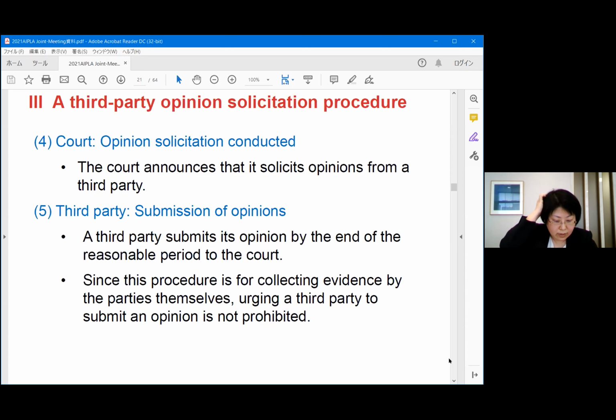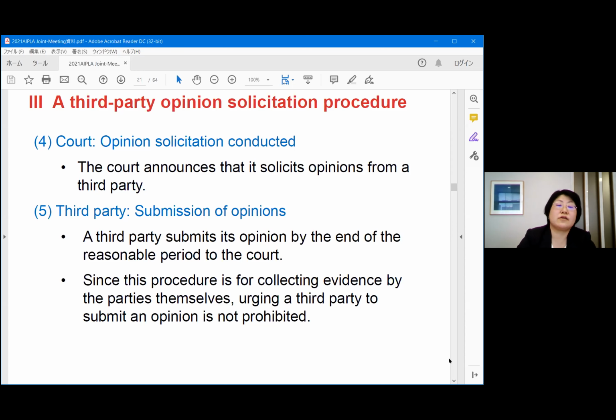And also, when making an announcement, a third party has no idea what this case is about. This is especially true for the first instance case, because the court does not deliver any decision yet. So according to the discussion in subcommittee, the court may give a brief explanation about the case when making the announcement, to the extent necessary.